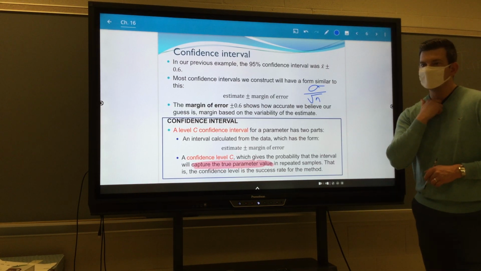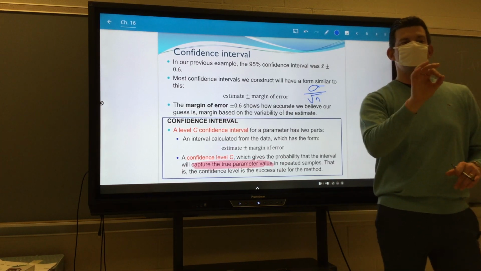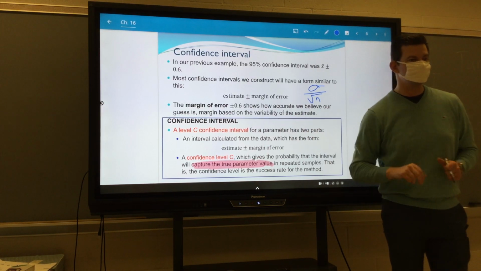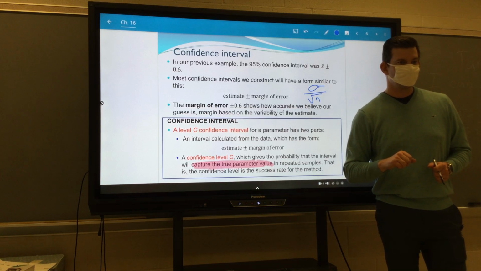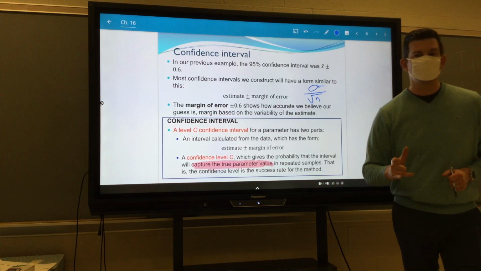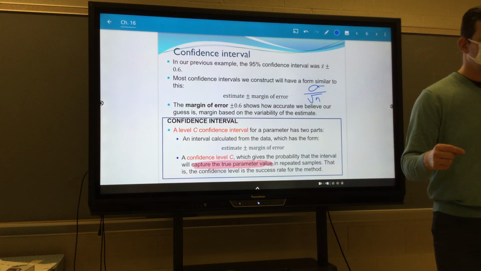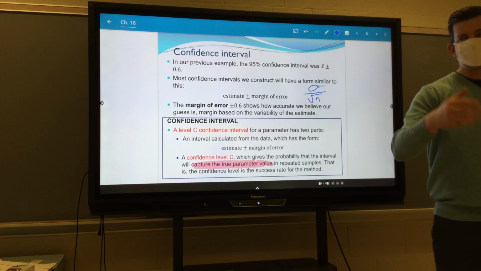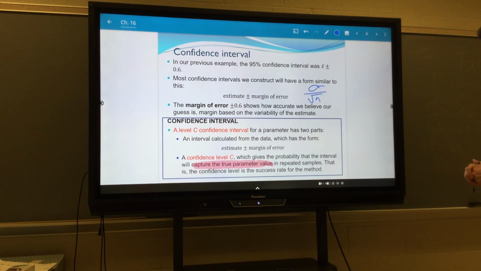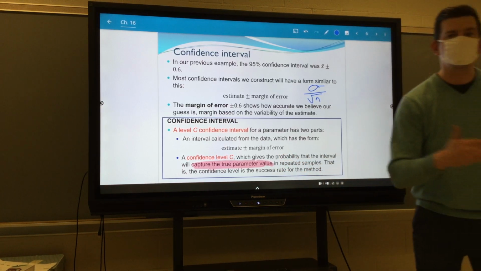You're saying that there's a 95% chance, 19 out of 20 times, that population value is going to be in this interval. Now, on the flip side of that, you're acknowledging that 5% of the time, or 1 out of 20, you're going to be wrong. And that actual population value is not on the interval. Okay? This confidence interval, it's the success rate for this model.